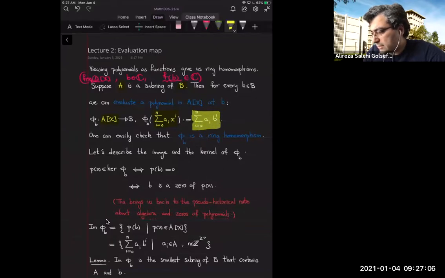Now, there is a subtle thing. Let's try to understand what this means. On this side, I'm working inside the ring of polynomials.